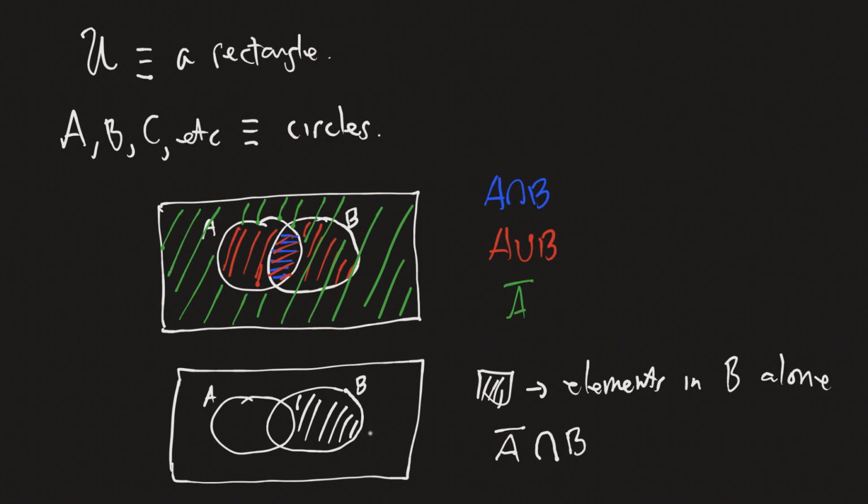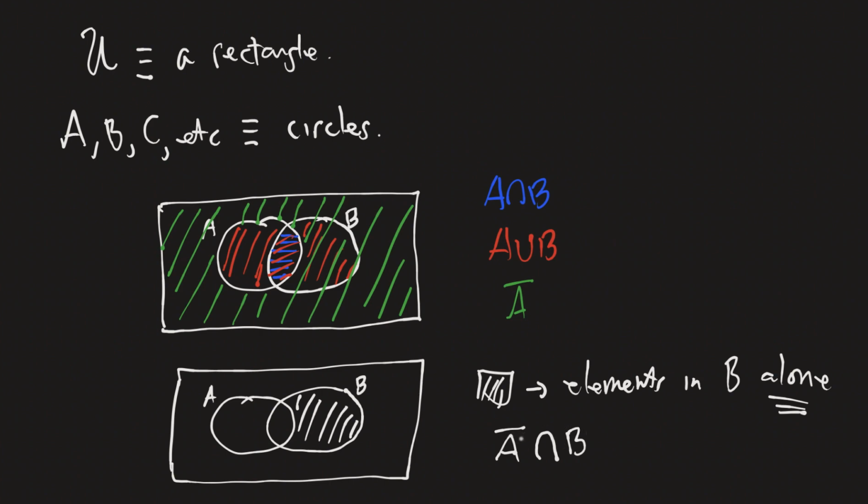So I can represent the elements that are only in B, when I'm looking at just two sets, A and B, and of course, there's always a universe, if I want to somehow communicate that only the elements in B alone are being considered. So this additional word here, alone, is saying just B. Then I have to take everything outside of A and inside of B. So this is how it could be represented using the operations that we're familiar with.